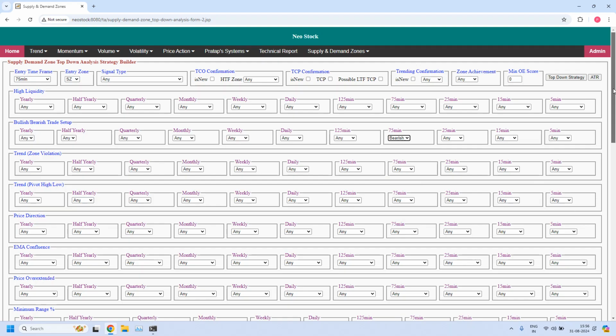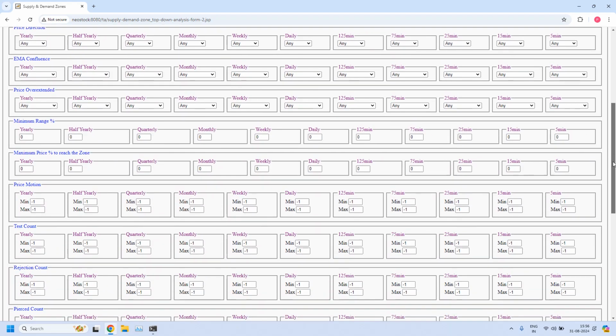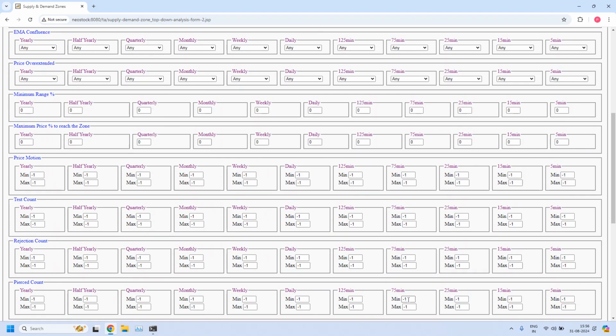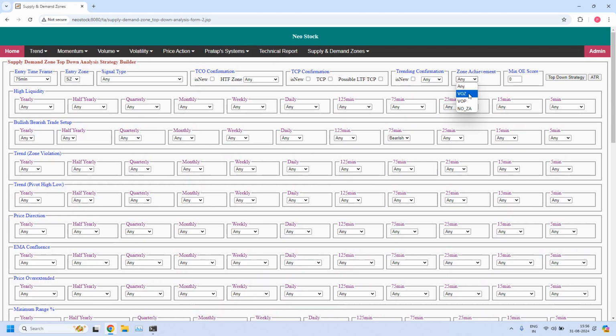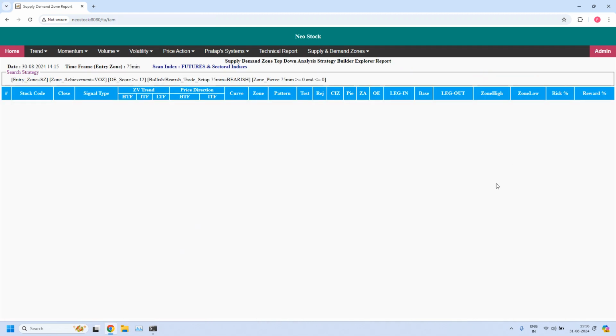The 75 minute supply zone should not be pierced. So in the pierced count at 75 minutes, minimum value I am setting 0, maximum value I am setting 0. Zone achievement is violated opposing zone. Minimum odd and enhanced score should be 12. All the 3 filters are applied to the 75 minute supply zone. Now let's filter.